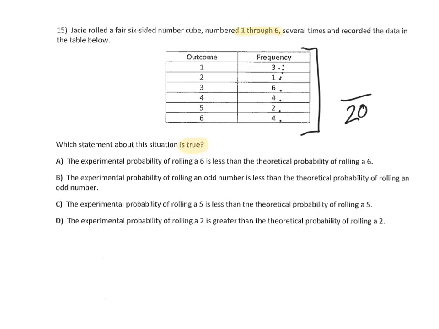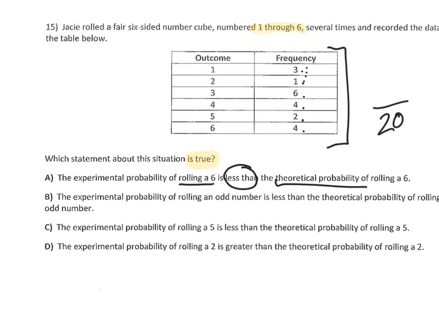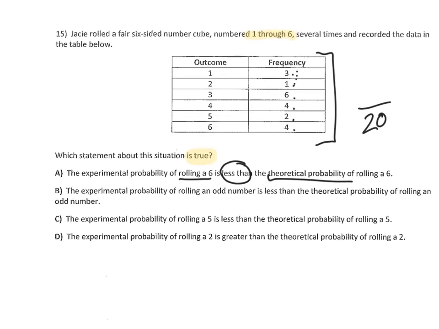I added 2. So then A says the experimental probability of rolling a 6 is less than the theoretical probability of rolling a 6. So experimental means we're looking at this table. So what's the experimental probability of rolling a 6? 4 out of 20, which would be 1/5.